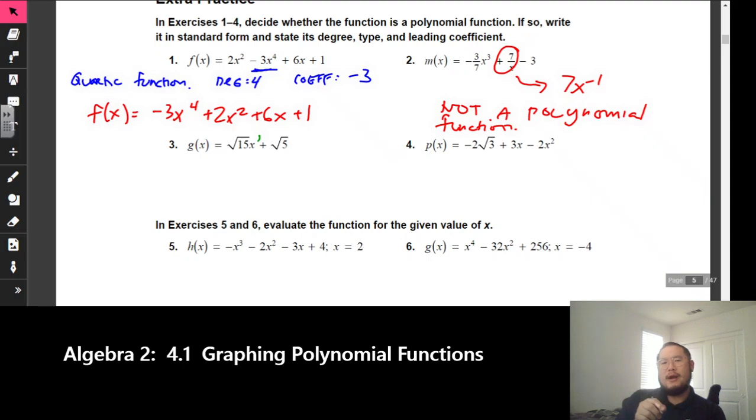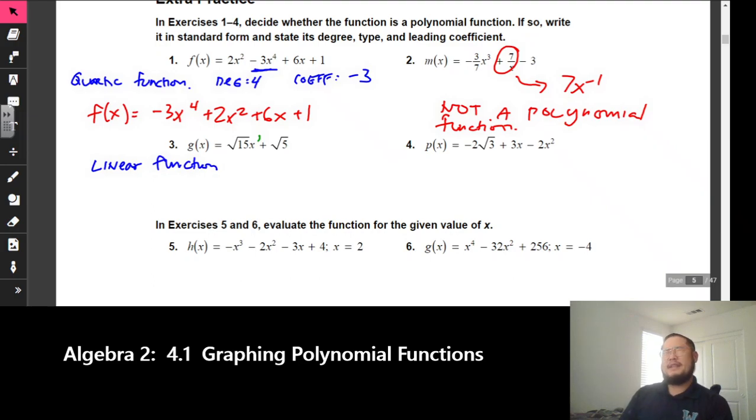I would have a problem if that radical went over the x as well, because then the exponent would be to the 1/2 power. But because it's not, we've got rad 15 times x, so that tells us this is okay. And if it's to the first power, this happens to be a linear function.